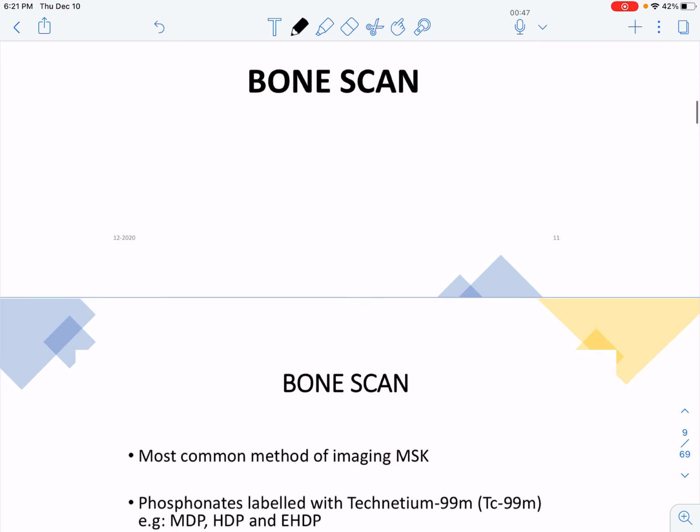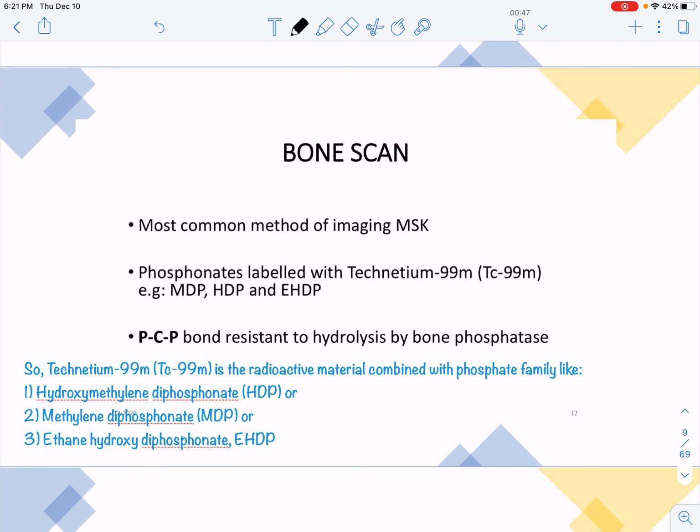So bone scan, we are talking about a common method for nuclear medicine.